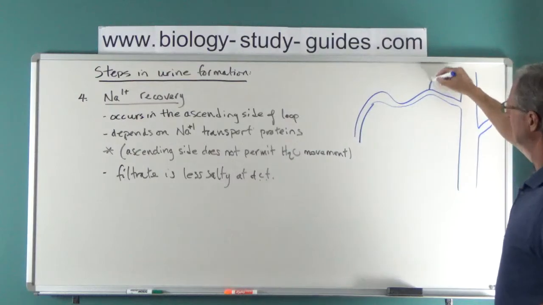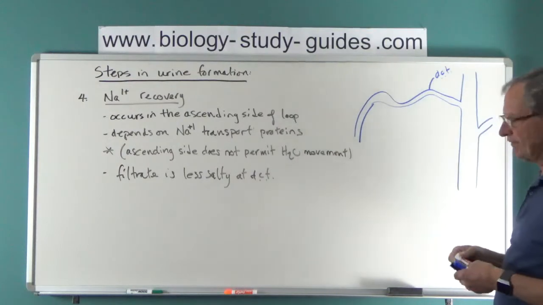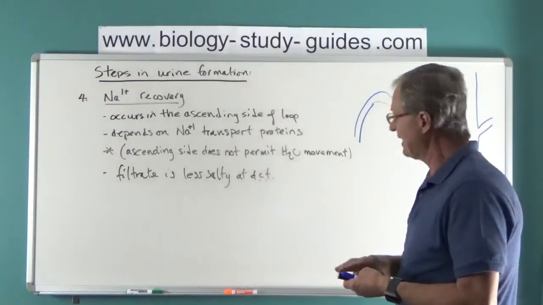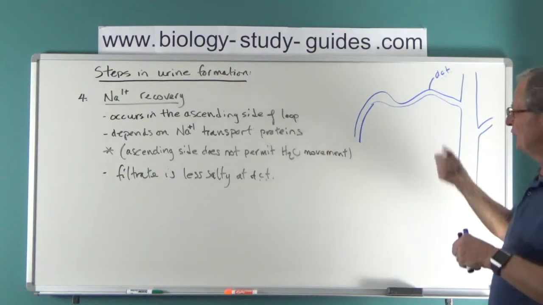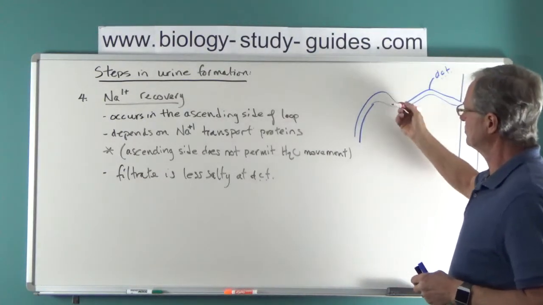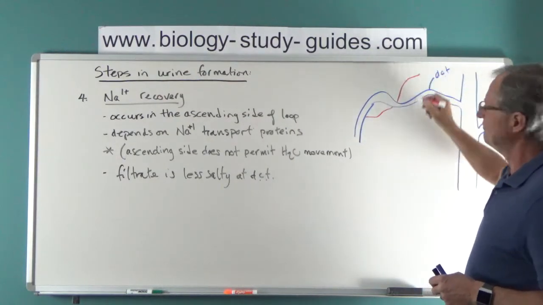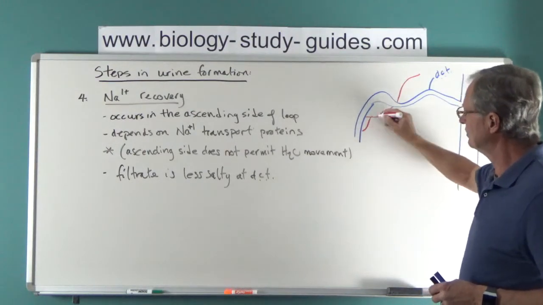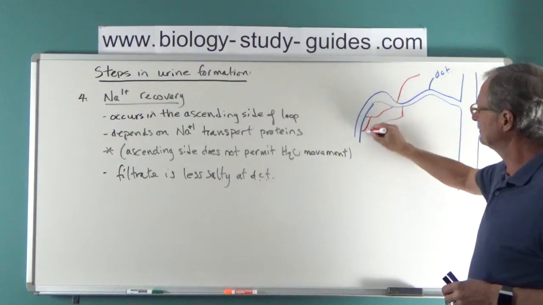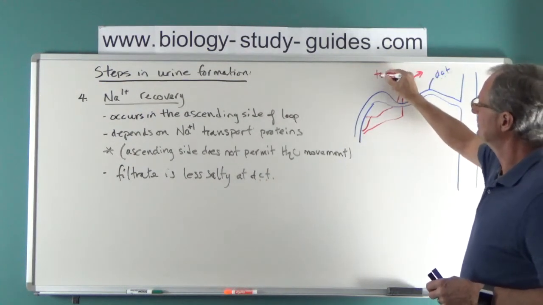So this distal convoluted tubule. The other feature I can add to it is the blood vessels. And now at this point I'll still represent it with red, to distinguish it from the tubule, but the blood vessels here could very well be venules because of the capillary bed that wrapped around the tubule itself. So these blood vessels are leading off to the renal vein.